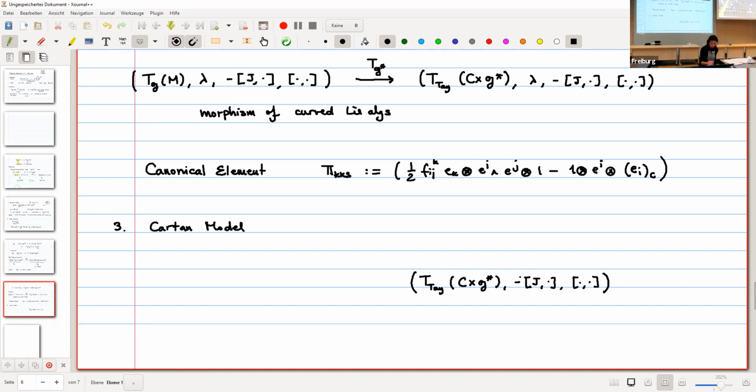What's the easiest way to get an inclusion map, which we like and can, morally speaking, work as a Cartan model? We just compute the cohomology. So we compute the cohomology, and this is what we get.